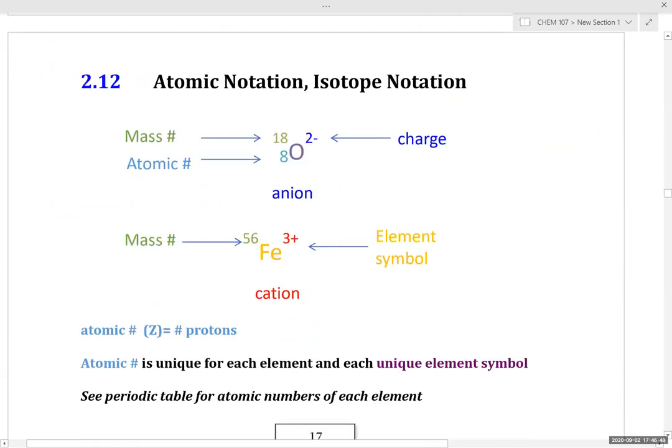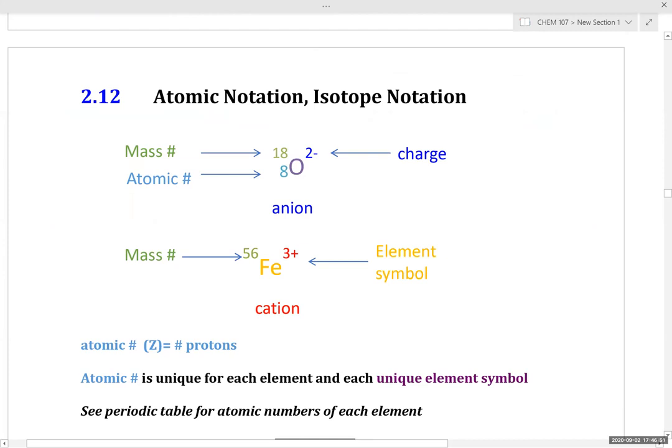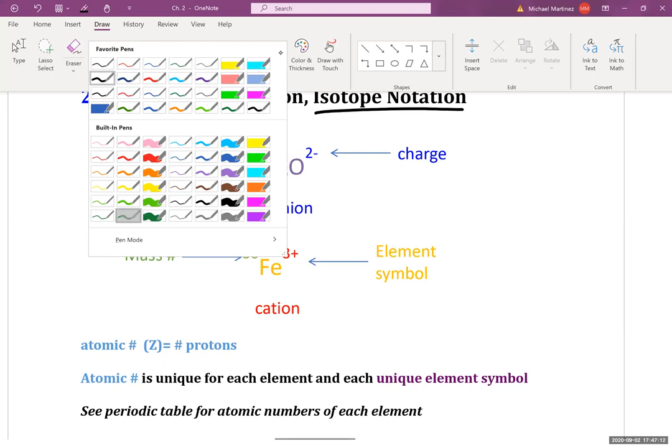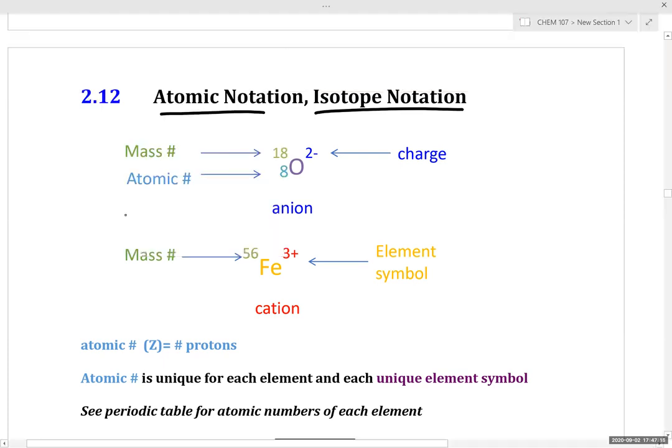So we have developed as chemists a method of noting the number of subatomic particles found in a given atom. We call this atomic notation or isotope notation. And there are a few really important numbers that are presented in isotope notation. The first number in the upper left-hand corner is known as the mass number.